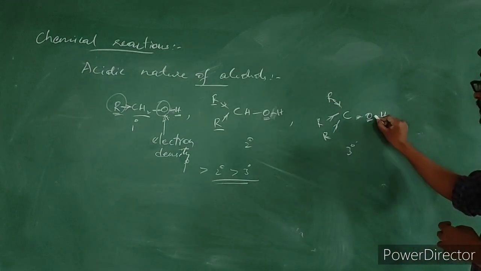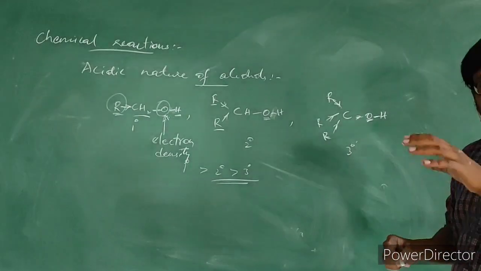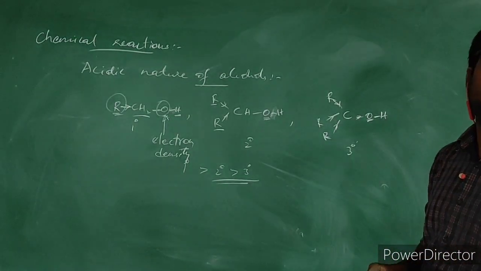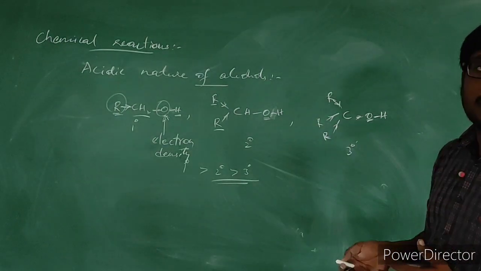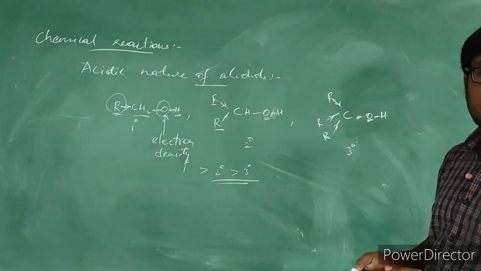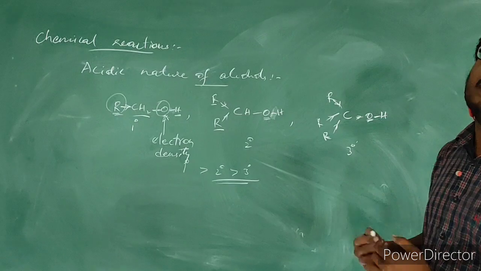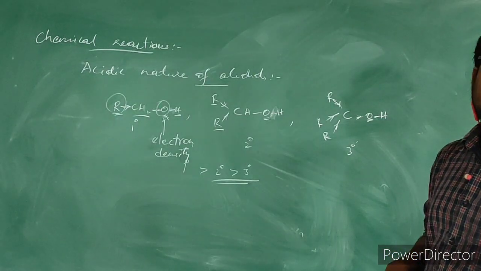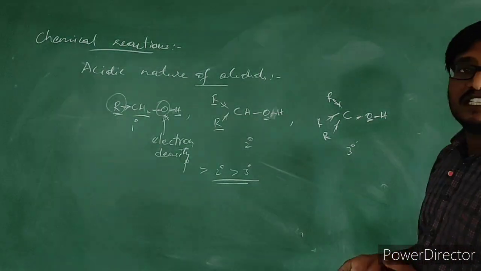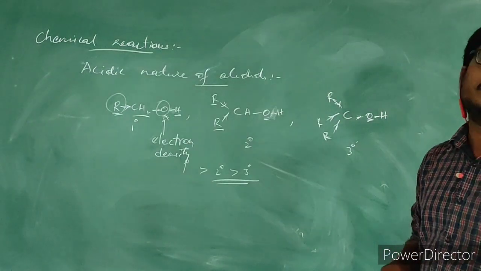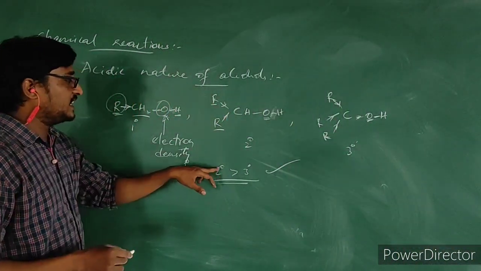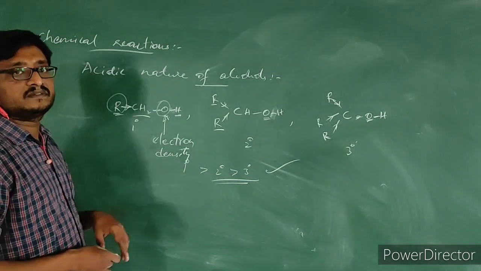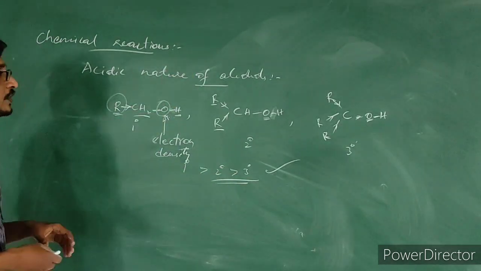So polarity of this OH bond will be further decreased. So from left to right, polarity of the OH bond is getting decreased due to the increase in the number of alkyl groups. If polarity decreases, donation of H plus ion will also decrease. That is why this is the order: primary greater than secondary greater than tertiary. Understood what I said? Please note down.